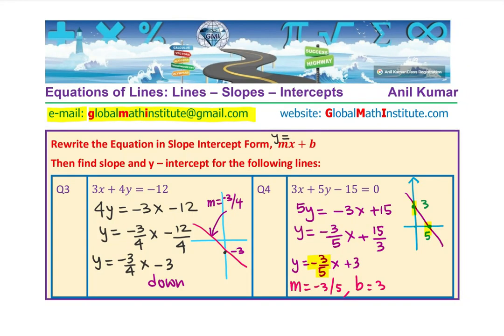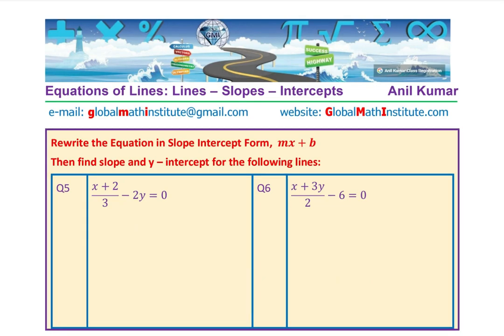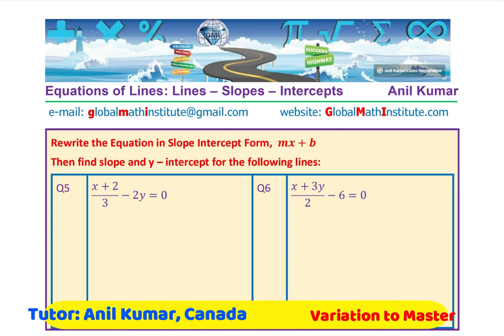Okay, let's move on and take the next question, which involves fractions. I've introduced these fractions here because sometimes we struggle solving them. Let's see how to do it. So we have x plus 2 over 3 minus 2y equals 0. We need to isolate y so that we can write our equation in terms of y equals mx plus b.